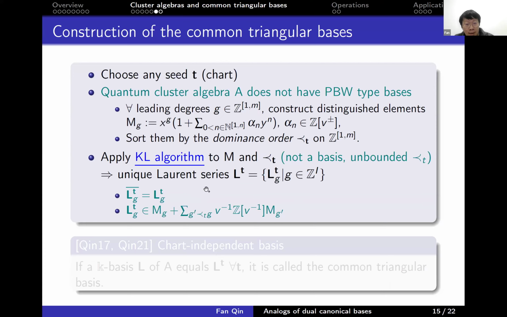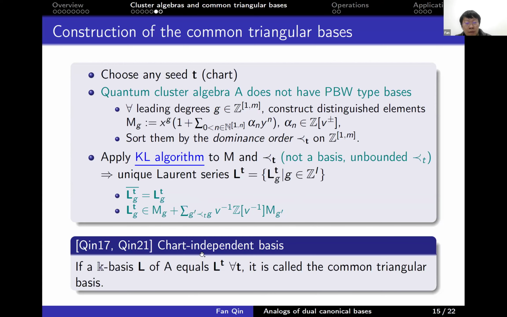And now you see that in this definition, your construction depends on some chart, right? And you generate something which you don't know if it is good or not. So assume that you are really lucky. Say that you have an algebra, and you have a basis L for this algebra, such that it exactly coincides with your output L^t for each chart.